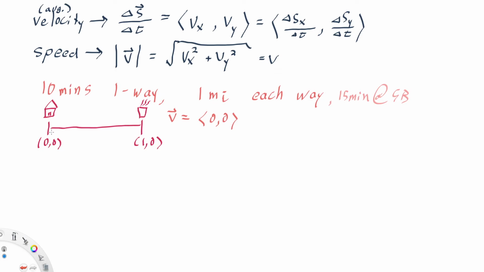What is your average velocity on leg 1? And Kyle already answered this. Your average velocity on leg 1 is going to be 0.1.